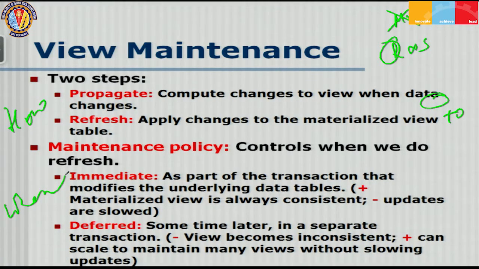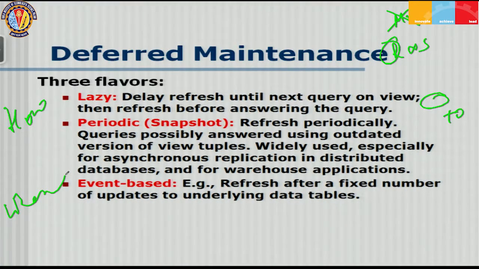If I have multiple views, I can control the way, or I'll have a very scalable kind of solution when I have multiple views, and at the same time I'm not slowing down my update queries. This is a positive point of the deferred strategy for view maintenance. And at the same time, as I told you earlier also, in a data warehouse environment, we are not too particular about consistency of data, so that helps our cause.